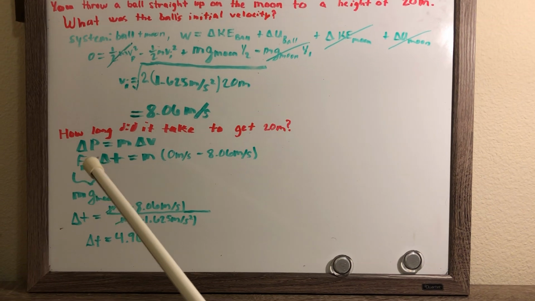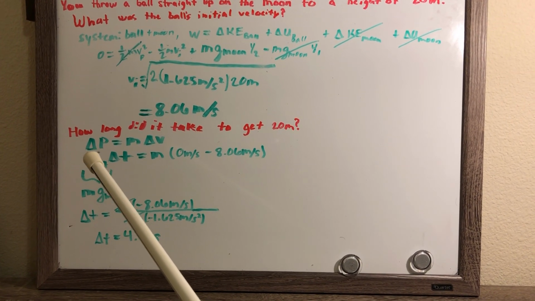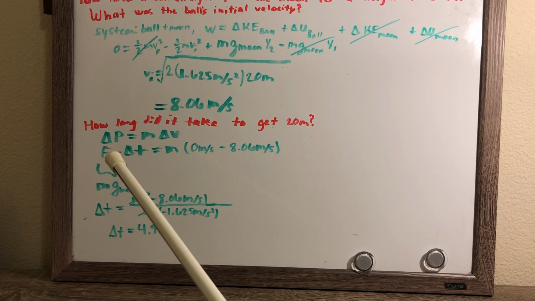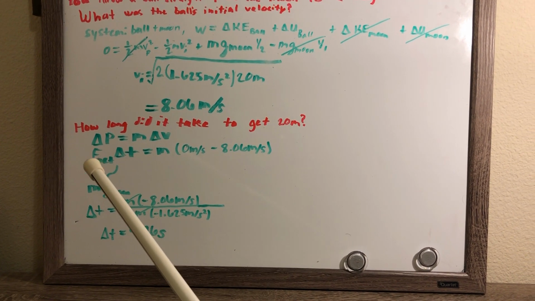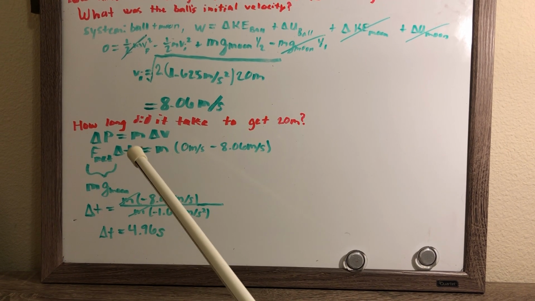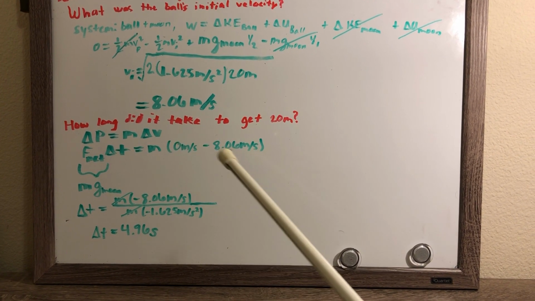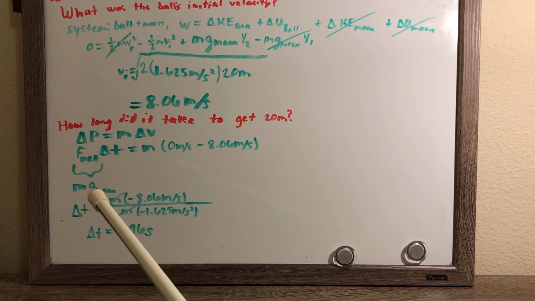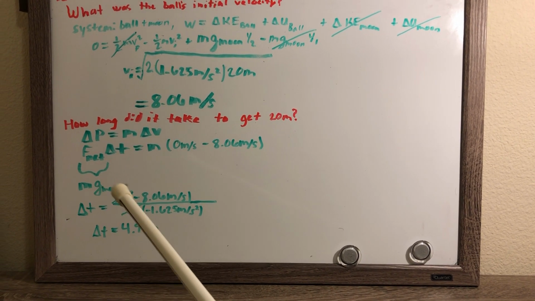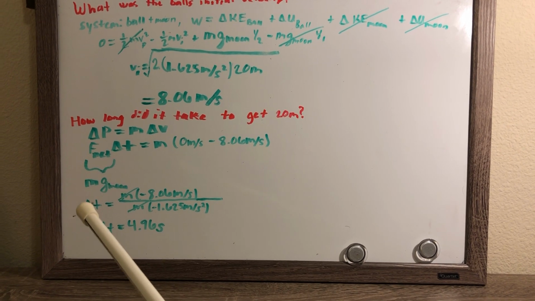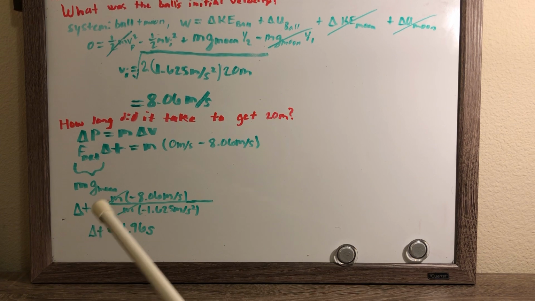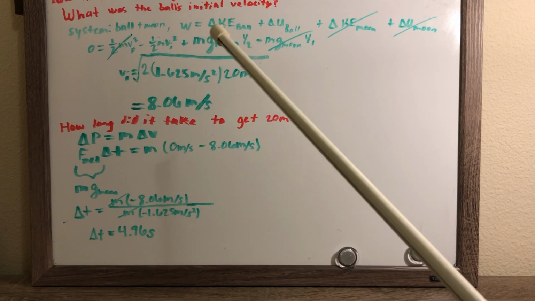And so the change in momentum is equal to the mass times the change in velocity, which is the net force times the delta t, or impulse, equals mass times the change in velocity. So F net is m times the gravitational constant of the moon. So we want to solve for delta t, and the masses cancel just like they canceled up here.